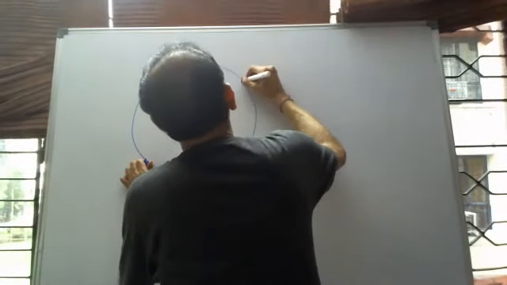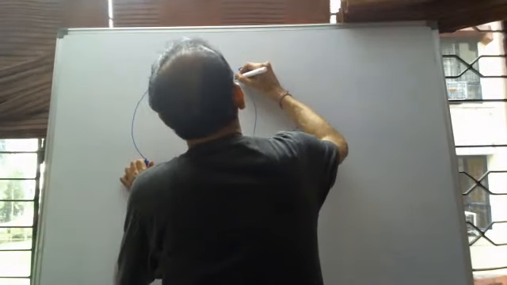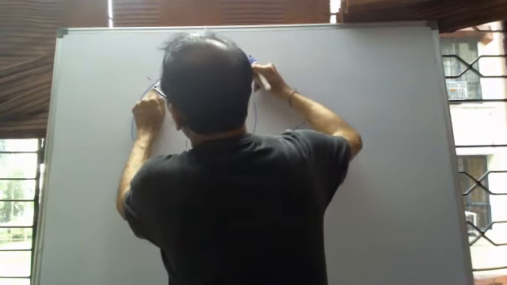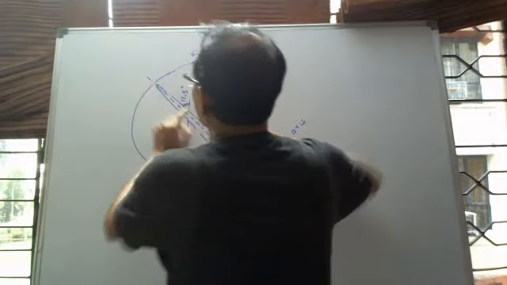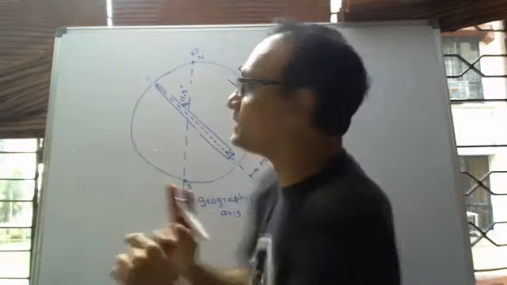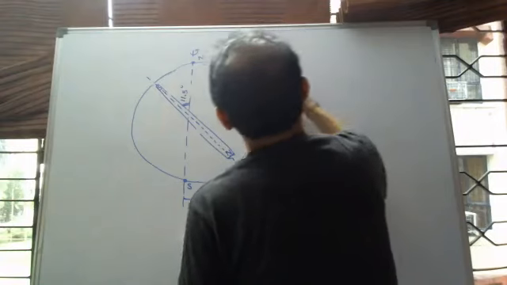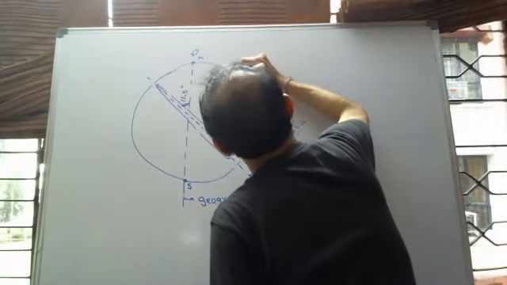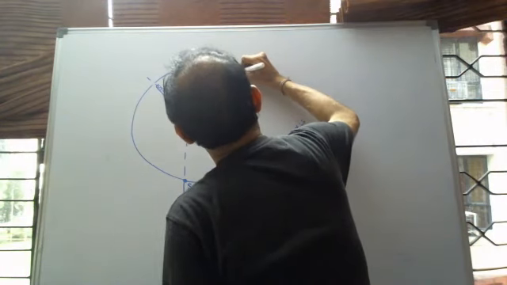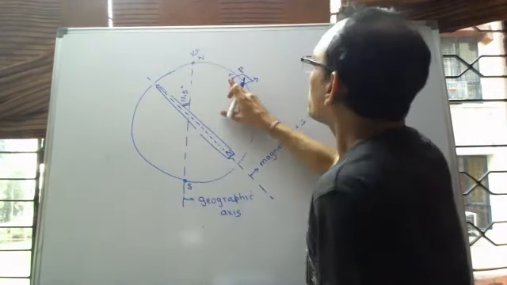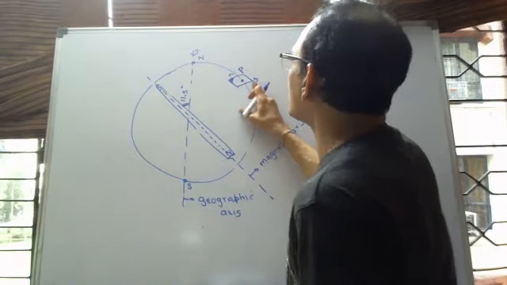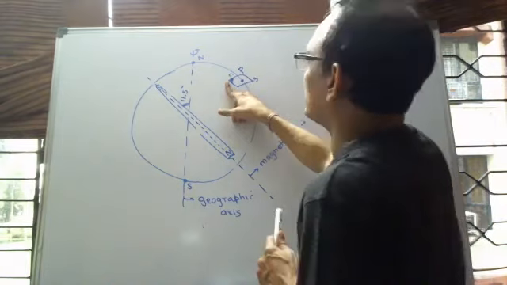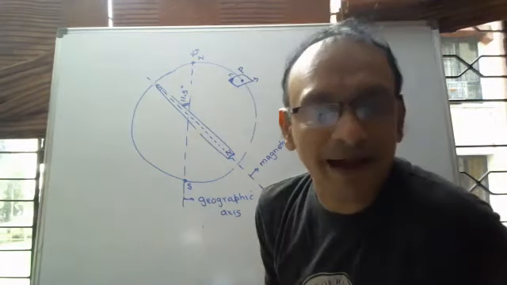If you are at a point P on the surface of the Earth and you have your needle, I'm showing a gap just so that I can represent it properly. Now if you have a magnetic needle with this as its north pole and this as its south pole, this magnetic needle will be attracted towards a magnet.